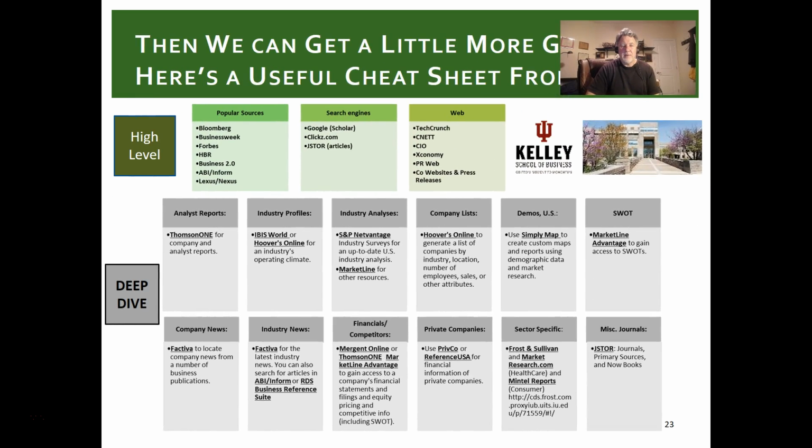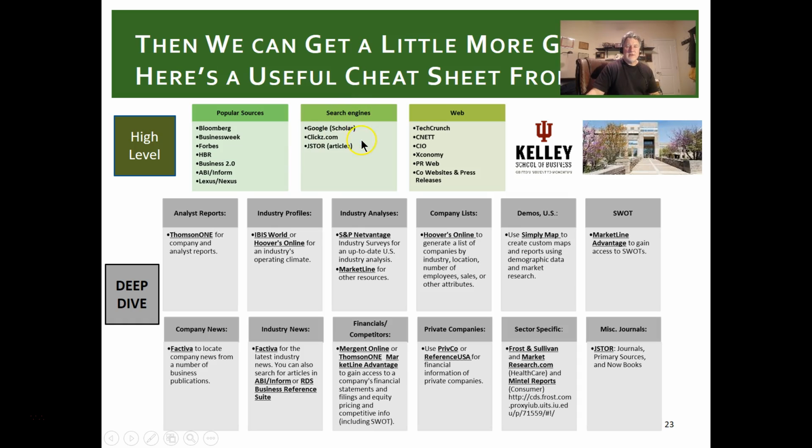Now, terrible slide. It hits a lot of stuff, and you get very, very granular. But at a high level, okay, there are multiple databases that are what we call popular sources. Publications such as Bloomberg, Business Week, Forbes, Harvard Business Review, Business 2.0, ABI Inform, Lexis.